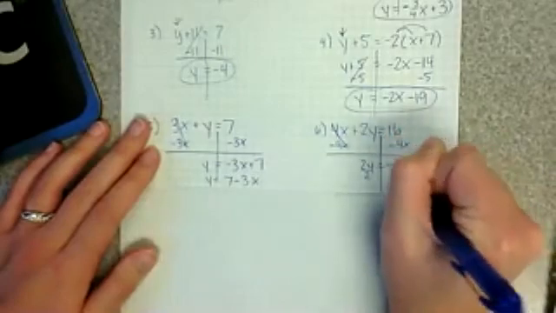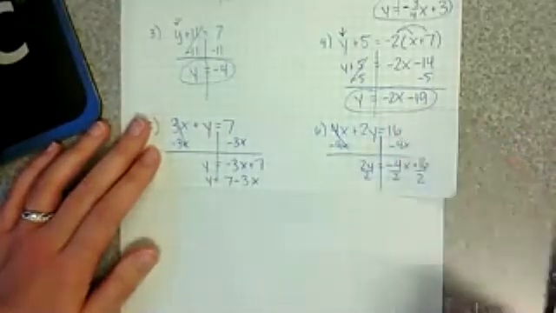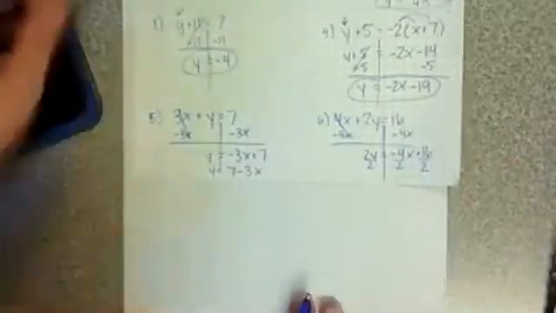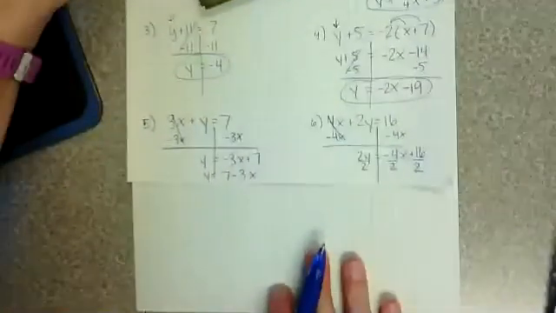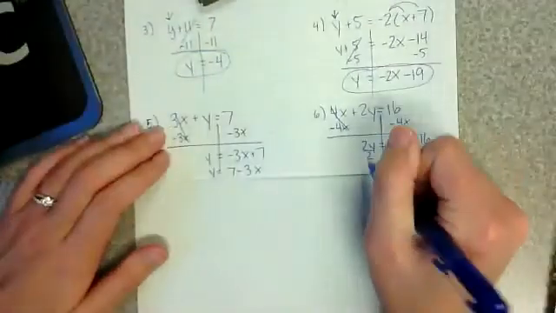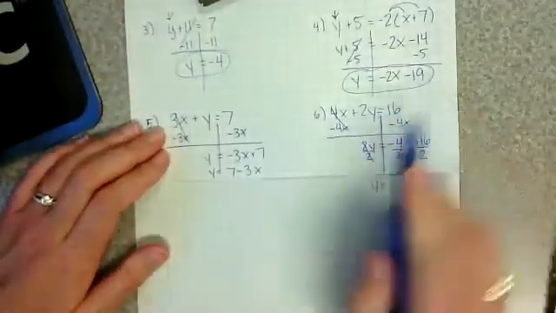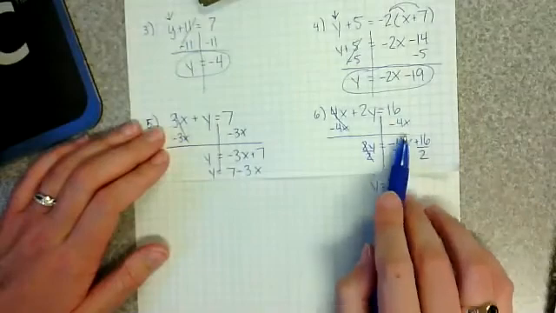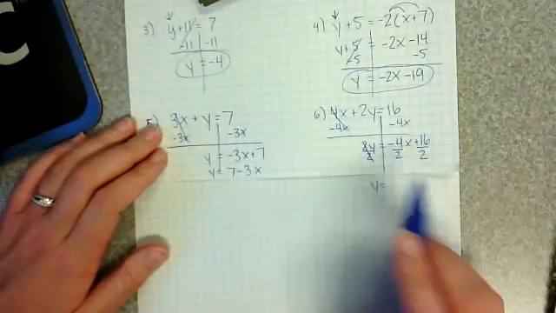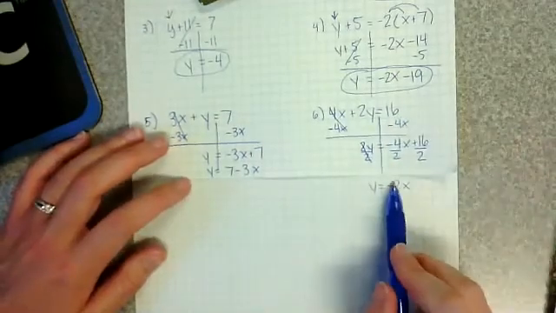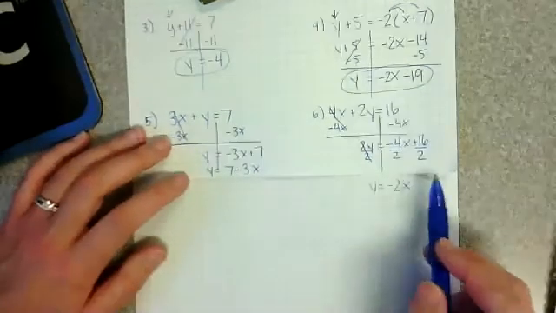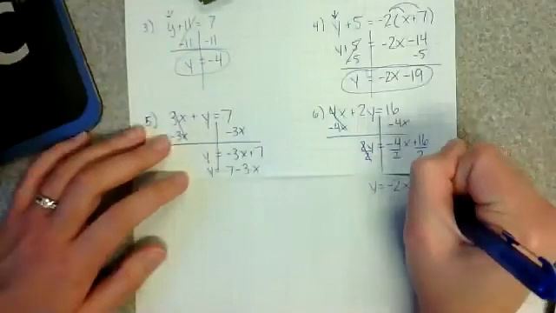Divide by 2, divide by 2, divide by 2. And we're going to get y equals, hey guys, make sure you simplify this, okay? Negative 4 divided by 2 would be negative 2x. I was really pleased everybody remembered to bring their x down. And then 16 divided by 2 gets me to 8.